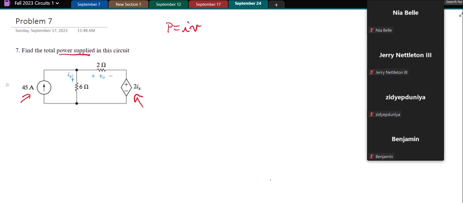I think I will draw another current in. I will draw a current right there that I will call I. Because now I can look at this node on top and I can use KCL to say at that node the current coming in is 45 amps and the current going out is IX plus I.